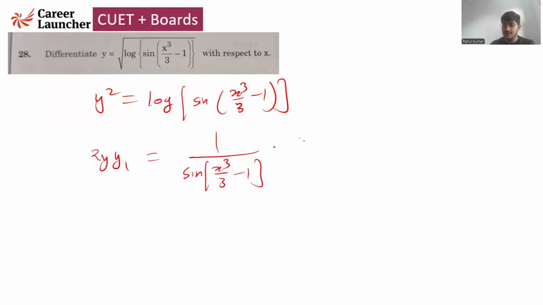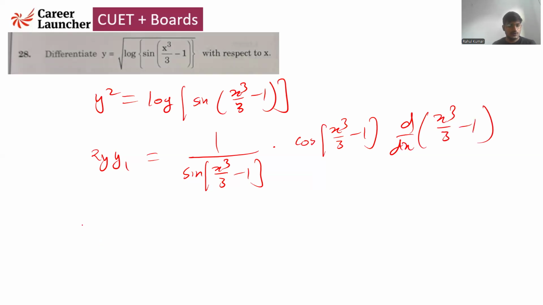Differentiation of sine theta is cos theta. And whatever is the function, you need to differentiate that part also, x cubed by 3 minus 1, and you will get the answer. So what is your y1? It is 1 upon 2y cot x cubed by 3 minus 1, and it will be 3x squared.